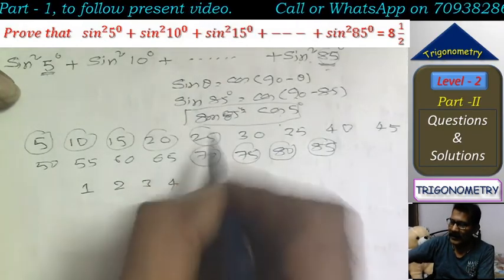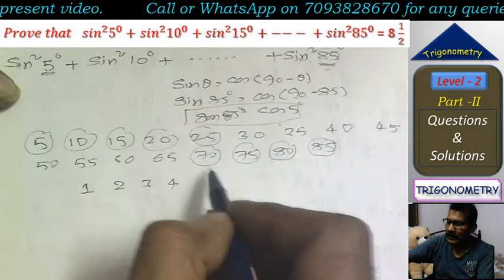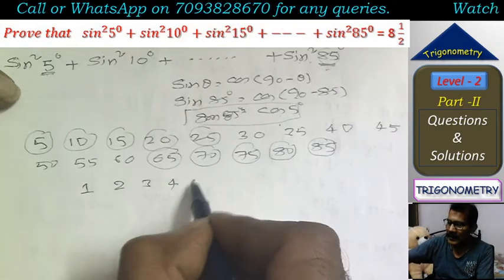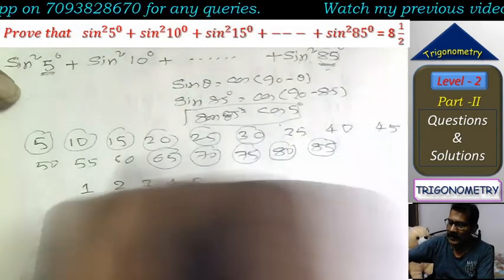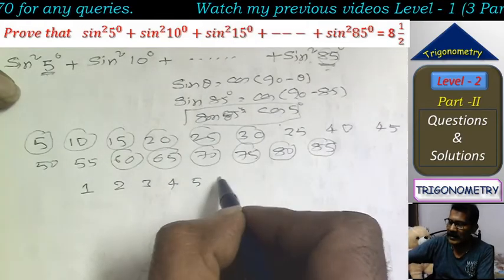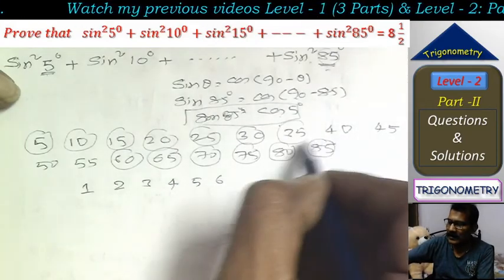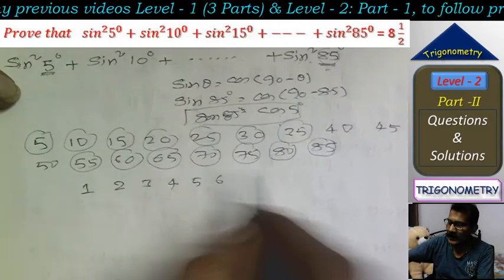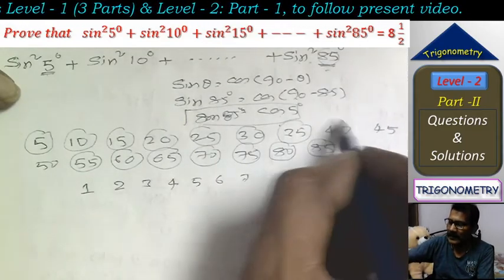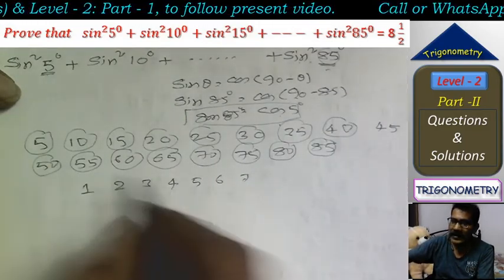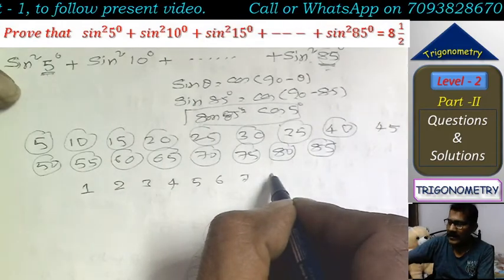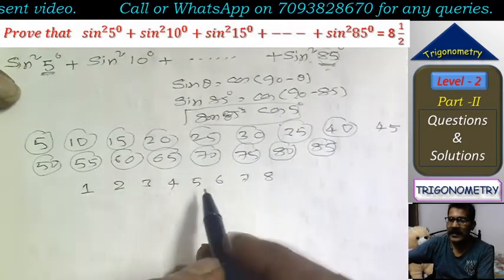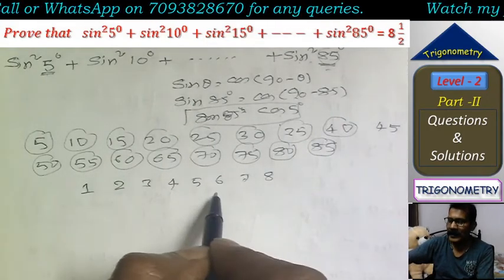And 25 and 65, pair 5. 30 and 60, which makes 90, pair 6. 35 and 55 makes 90, pair 7. 40 and 50, whose sum is 90, makes pair 8. Means such kind of pairs we have totally 8 pairs.